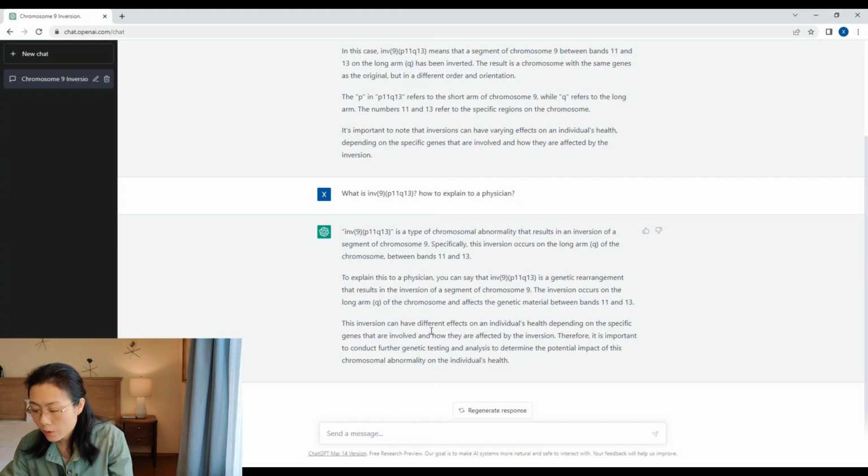Because this is the context of physician-patient care, it alerts the physician to pursue further understanding of this finding, which I think is good. Now next, let's see what if a parent asked.